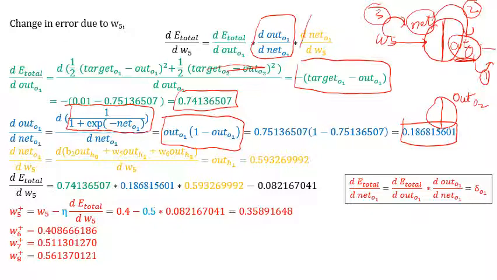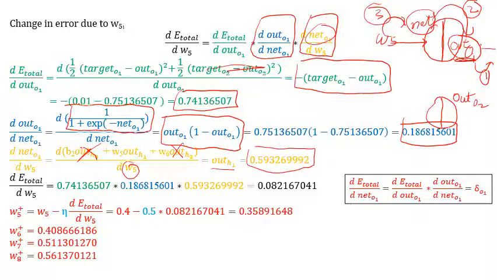Finally, we calculate the third term, the derivative of net with respect to W5. This is a linear expression, a dot product plus bias. If you take the derivative with respect to W5, the other two terms go away because they are constants, and out h1 is left.